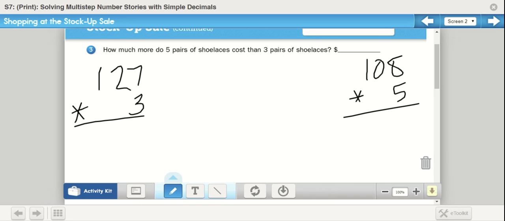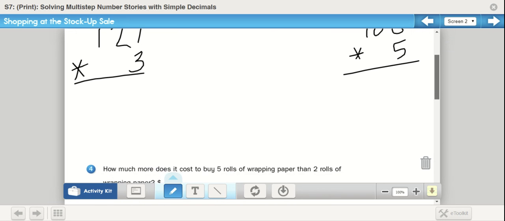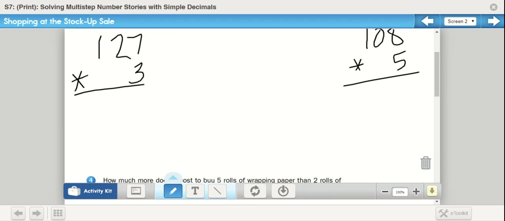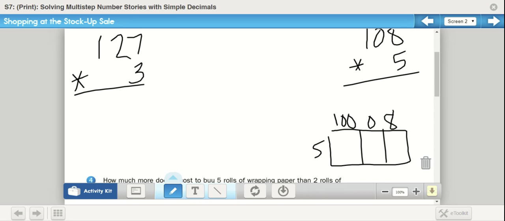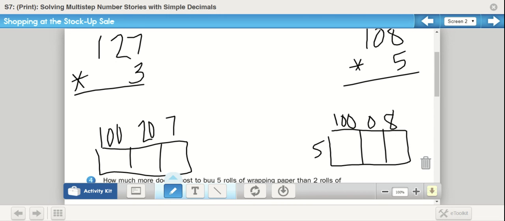So again, I will show you both ways because I'm a believer in you doing whichever way you are most comfortable with. So I'm going to do the box down here. I have 100, 0, and 8 times 5. And I have 120 and 7 times 3.